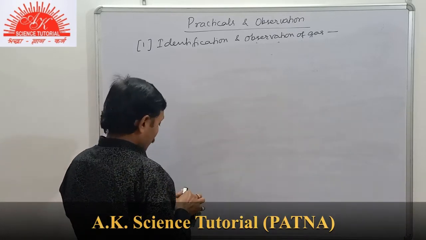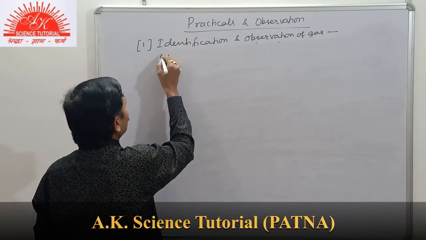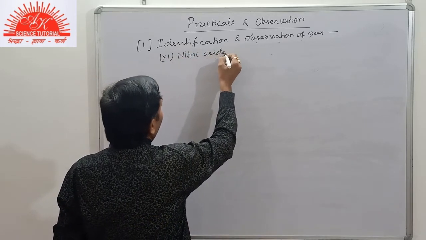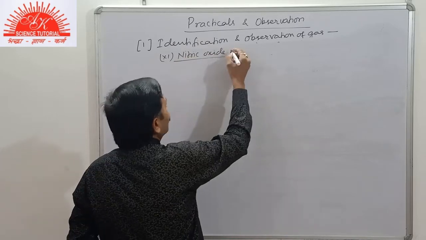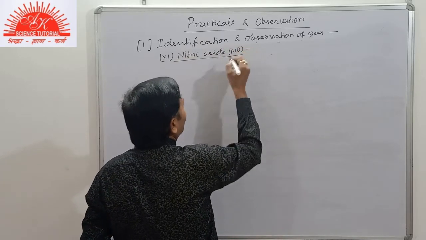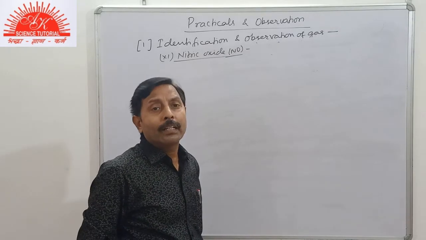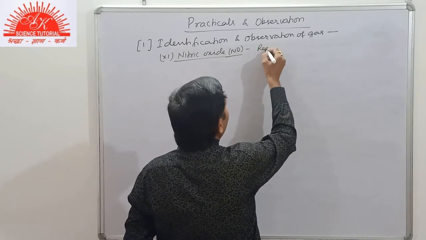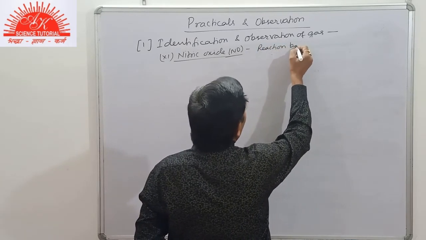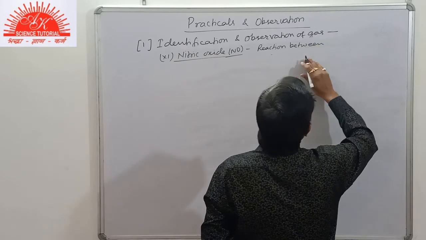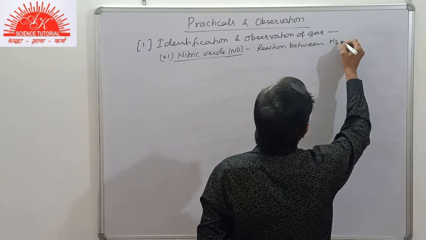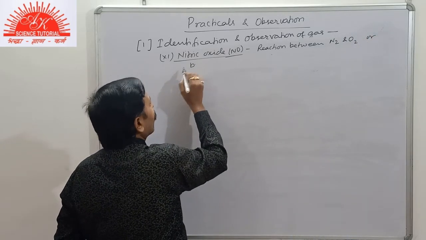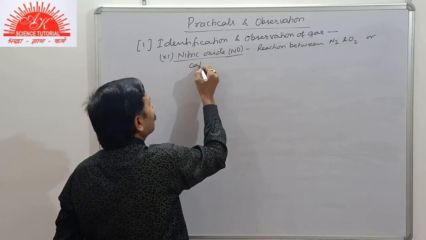Now this is nitric oxide. Nitric oxide, that is NO. Nitric oxide is obtained by reaction between nitrogen and oxygen, or catalytic oxidation of ammonia.